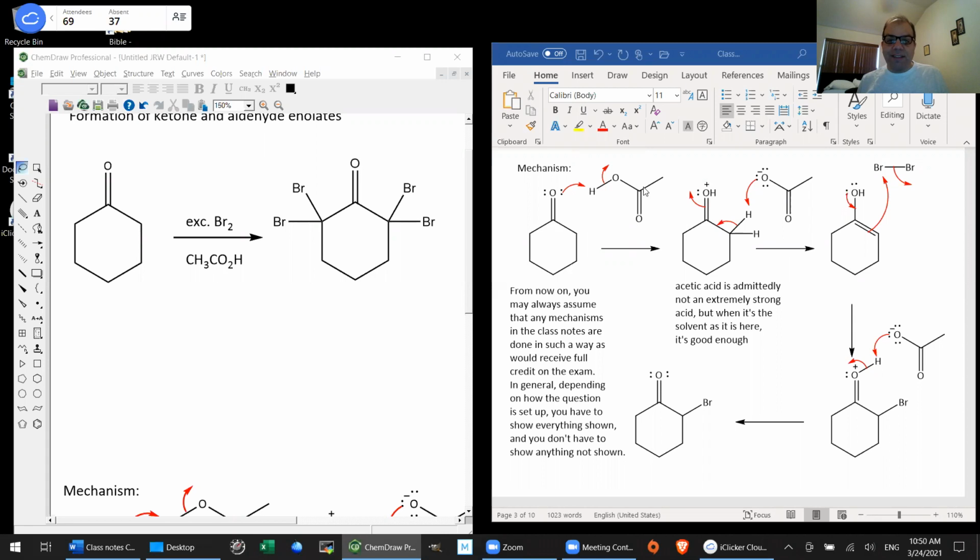And yes, acetic acid isn't the strongest acid in the world, but it's good enough. I think it's reasonable to invoke acetate ions in acetic acid solvent. It's not a strong acid. It's not going to be 100% or anything near that ionized, but I think you would get a reasonable enough concentration that the mechanism makes sense.